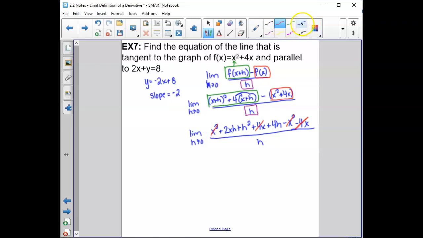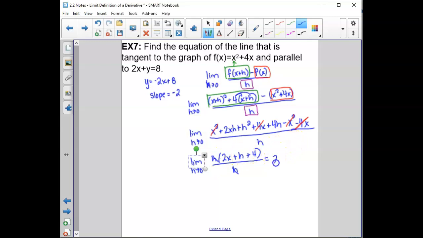So we see here that everything we have left has an h with it, so I'm going to factor out an h. So h times 2x plus h plus 4 all over h. And now my h's will cancel, and since my h's have canceled, I can just plug in 0 for my h.